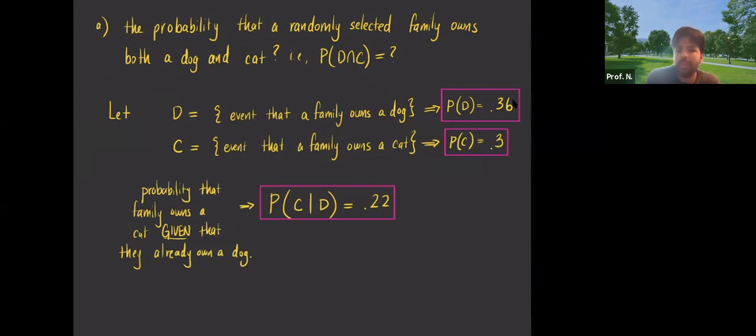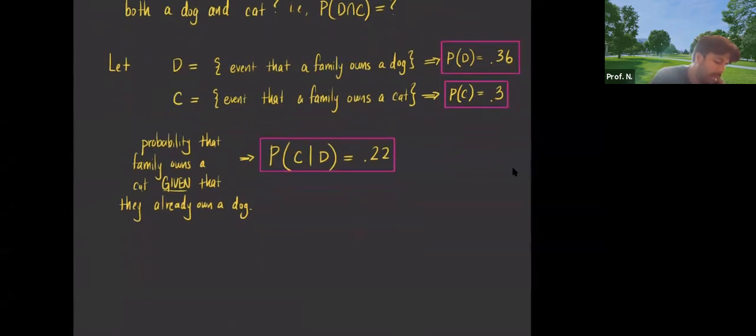And so how would we now, given the information that we have, how would we find the probability that D intersects C? Anybody?